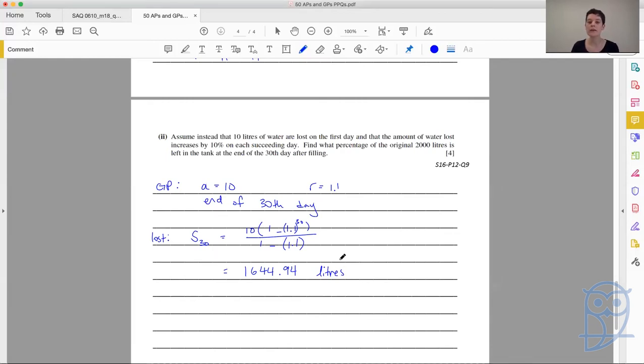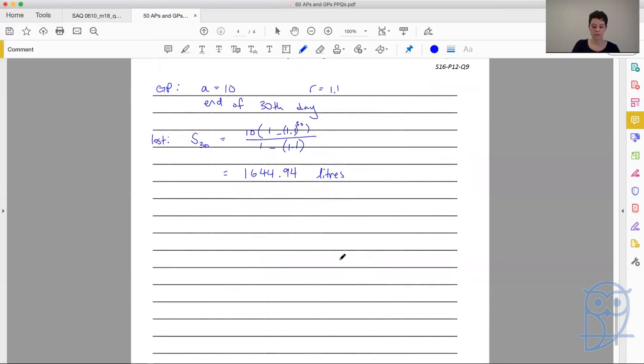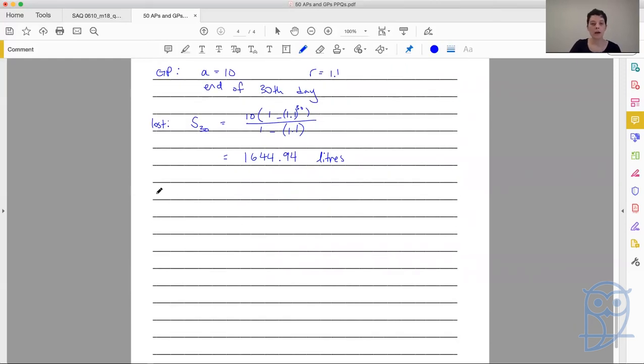But they want percentage original left in the tank. So our amount left equals 2000 minus 1644.94 equals 355.06. So that's the liters that are left. Now to turn that into a percentage.